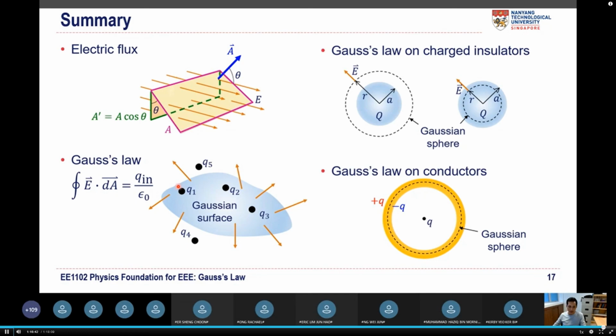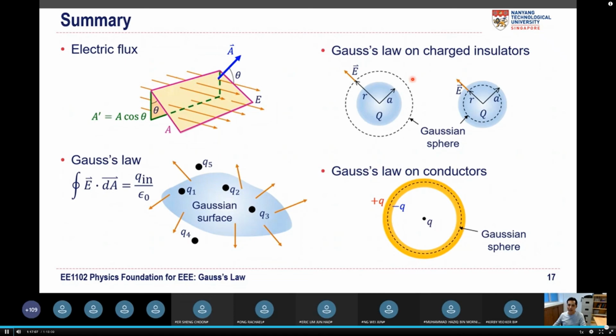Gauss's law says the total flux through a closed surface is equal to the total charge enclosed in the closed surface divided by the permittivity of free space, epsilon 0, which is just a constant.